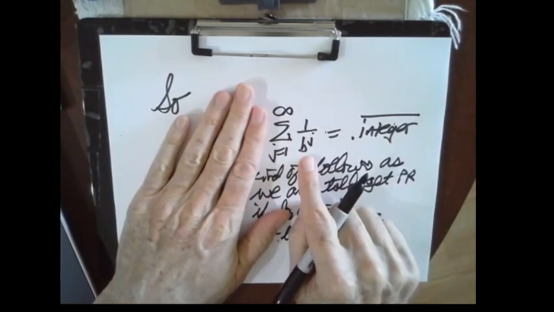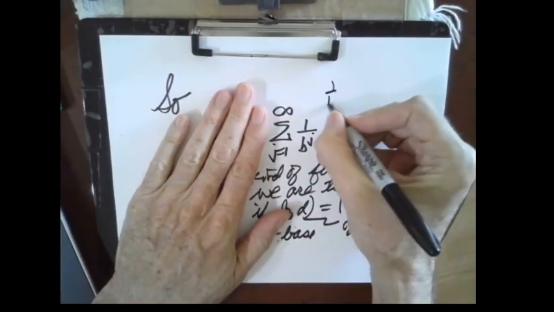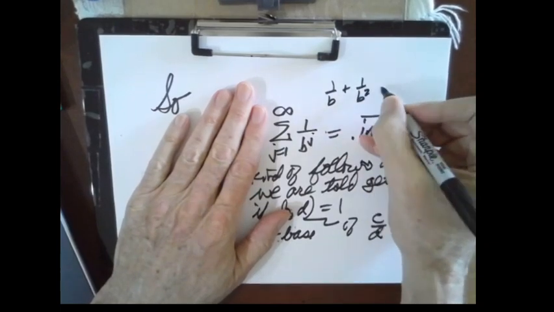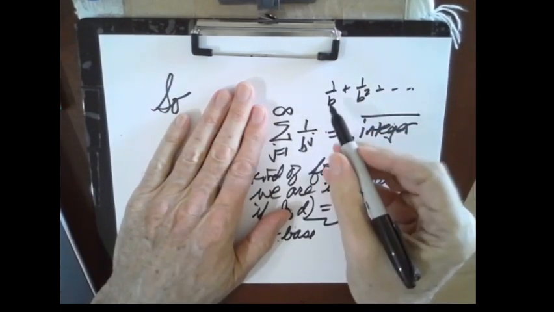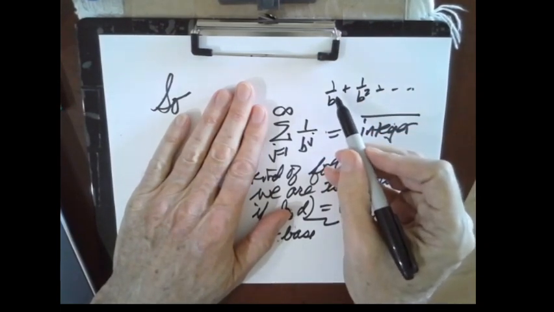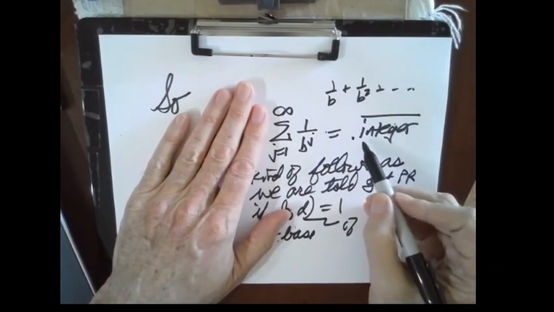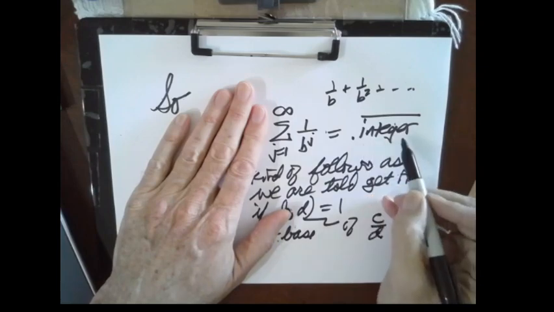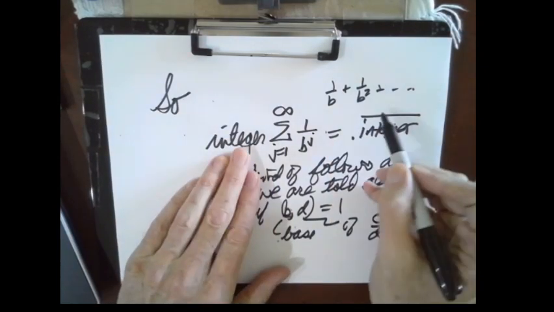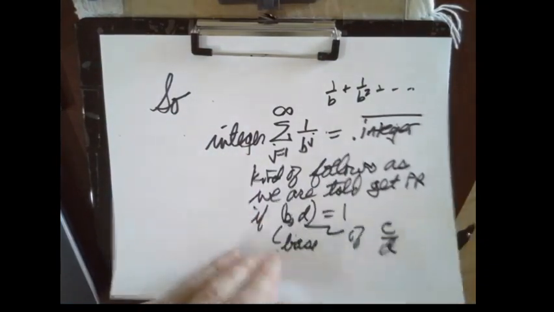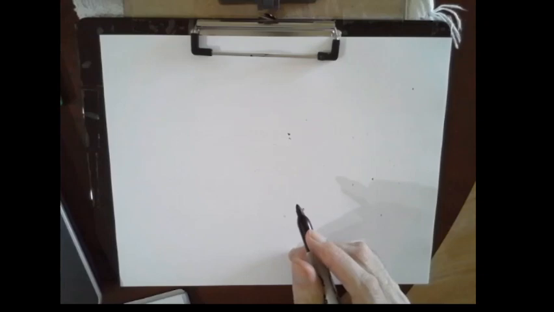This is going to be 1 over b plus 1 over b squared dot dot dot, and you multiply it by an integer, and you get a repeating decimal, designated by this, where the integer is the stuff that's repeated. Now, technically, it's a little bit different than that.